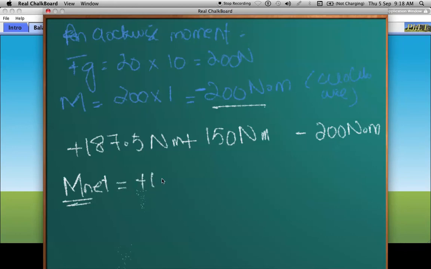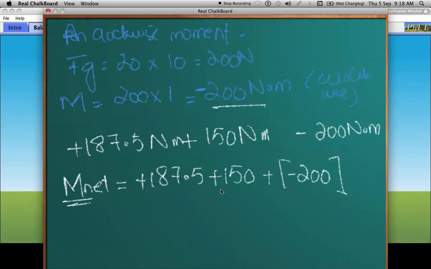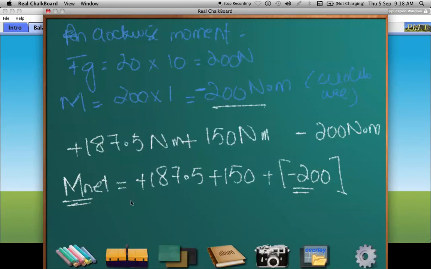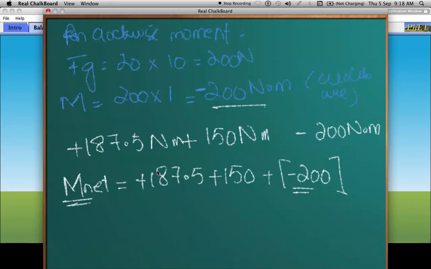So let's find out the net moment. This would be positive 187.5 plus 150 plus minus 200. We are still adding all of them, but this has its own minus sign. So 187.5 plus 150 minus 200 is 137.5 newton meters with a positive sign.